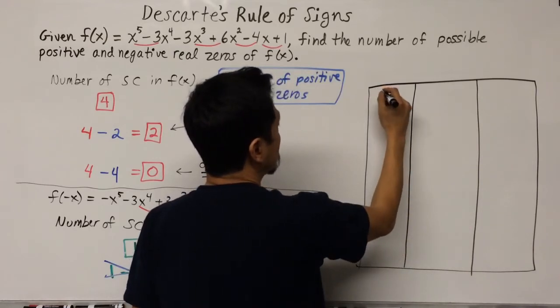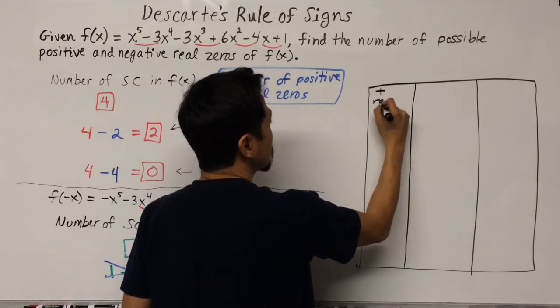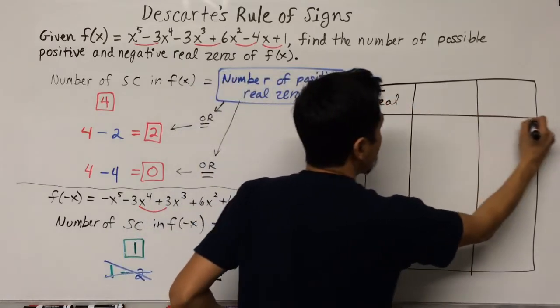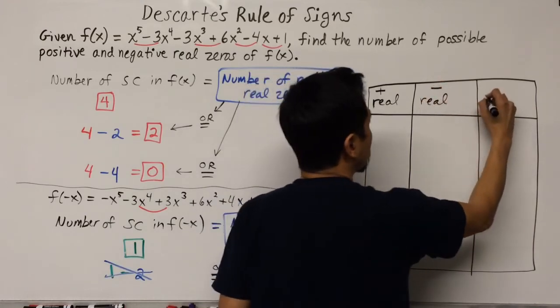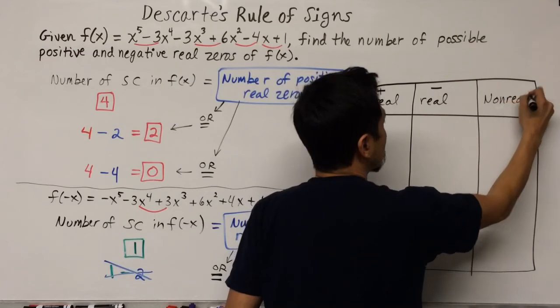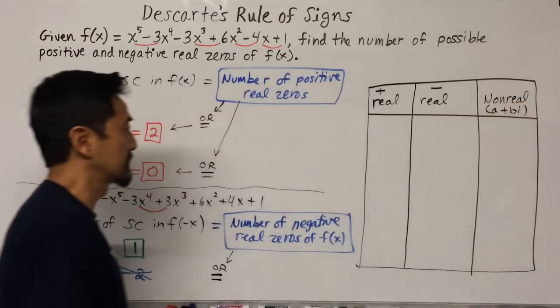Alright, so I'm going to abbreviate here, folks. I'm going to do number of positive real zeros. We've got number of negative real zeros. And then we've got our non-real, the number could have i's in it.